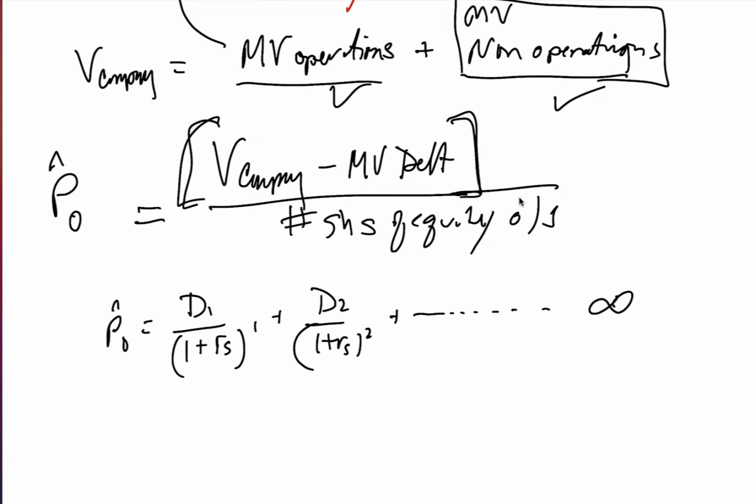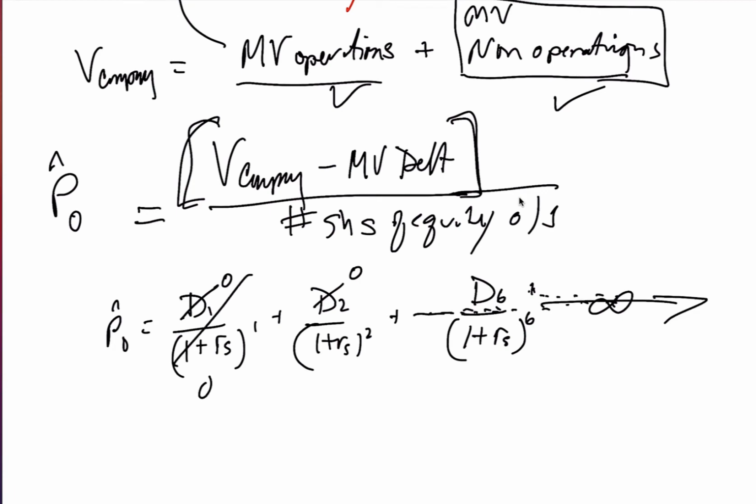Well, what you could assume is that dividends are zero initially, but somewhere down the line, maybe six years from now, the dividend will be positive and the company will start paying a dividend as it matures. And then we'll discount all the dividends into the future starting in year 6 all the way out.